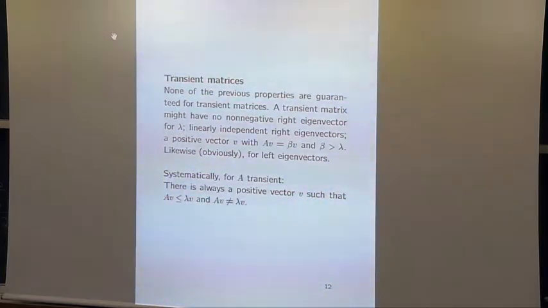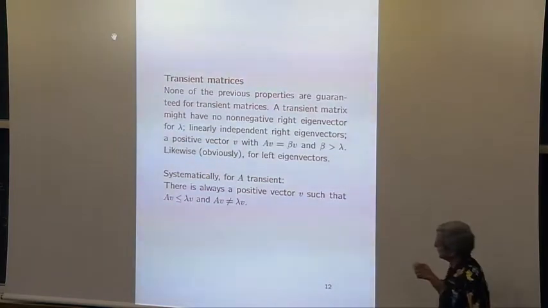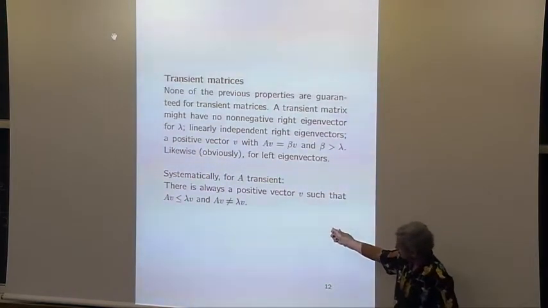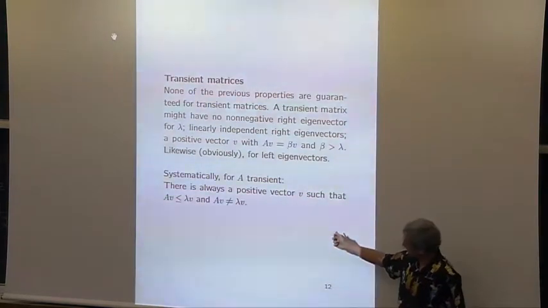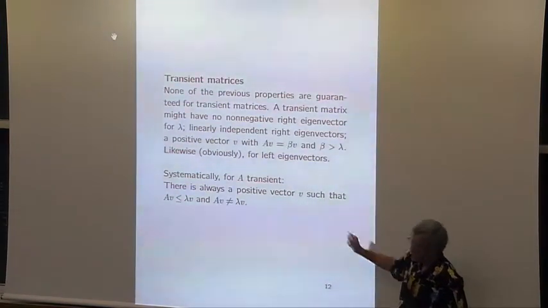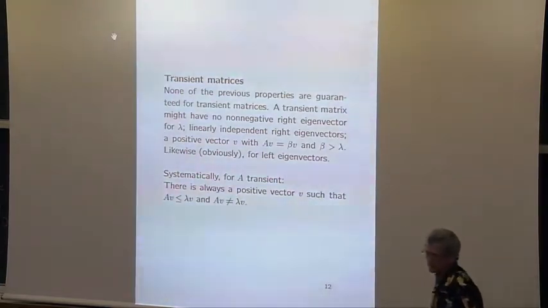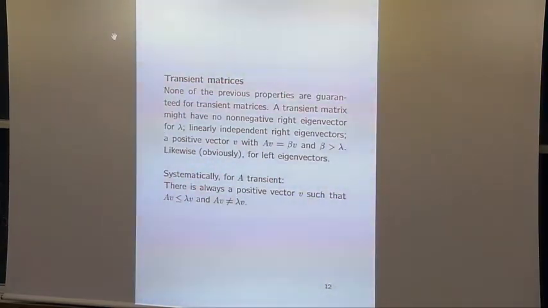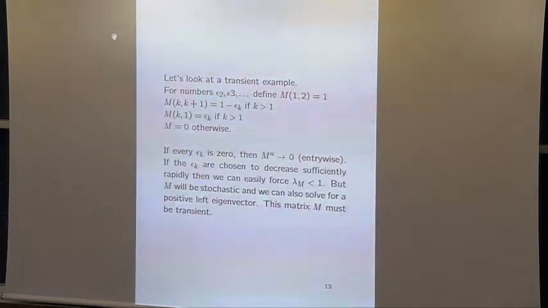Well, is there something systematic about the transient matrices? There will always be a positive vector which is a kind of sub-eigenvector for the Perron value, a vector v such that Av is less than or equal to lambda v, but Av is not equal to lambda v. Something that can't happen for recurrent. Now, here's this transient example, which I'm hoping might be helpful.